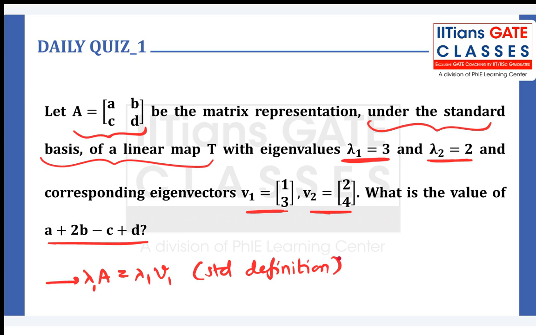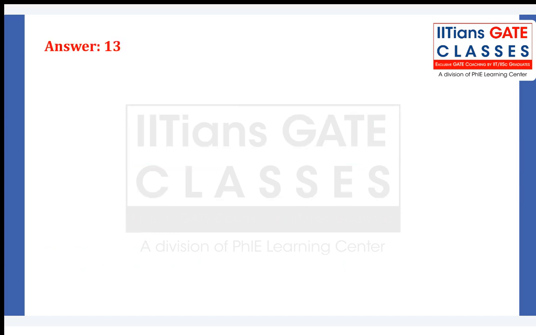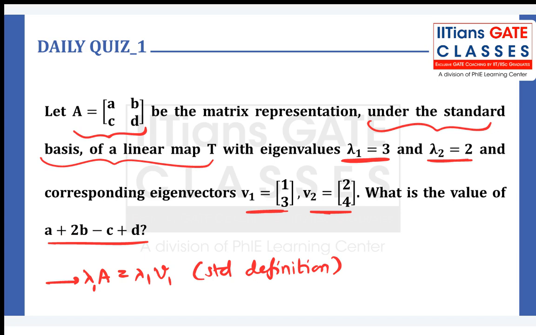So let's use this expression, and first multiply by lambda 1 to your matrix A, and similarly lambda 1 to its corresponding eigenvector. Okay, so lambda 1 is nothing but, sorry, it's not lambda 1 actually.